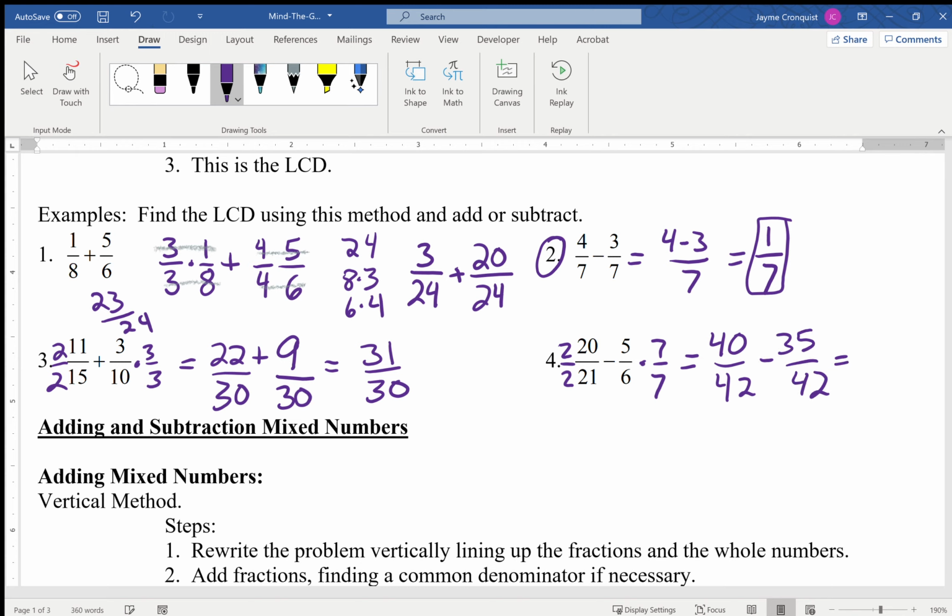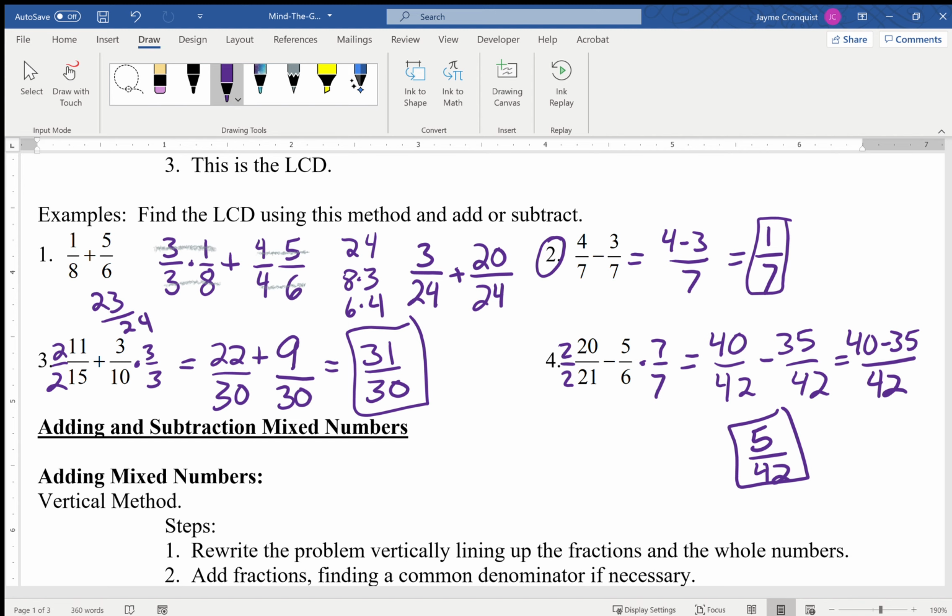Common denominator. 40 minus 35 is 5 over the common denominator. All right, that is lowest common denominator using the multiple method.